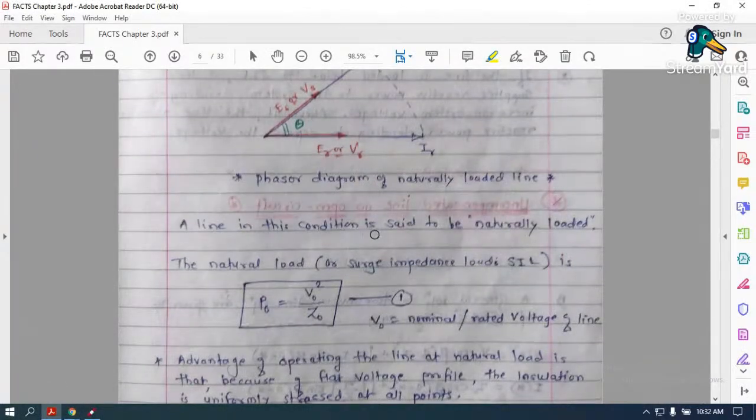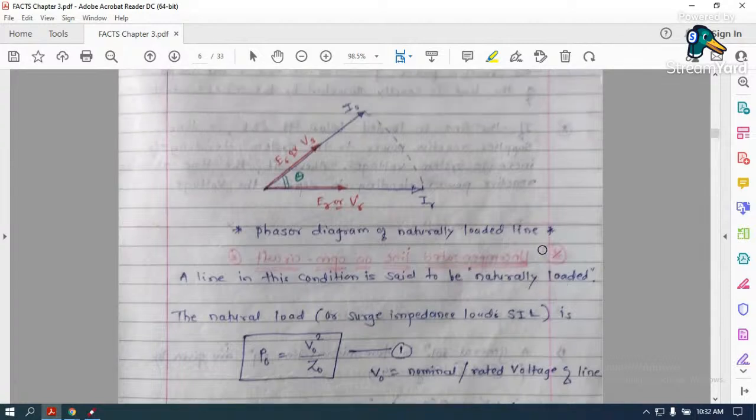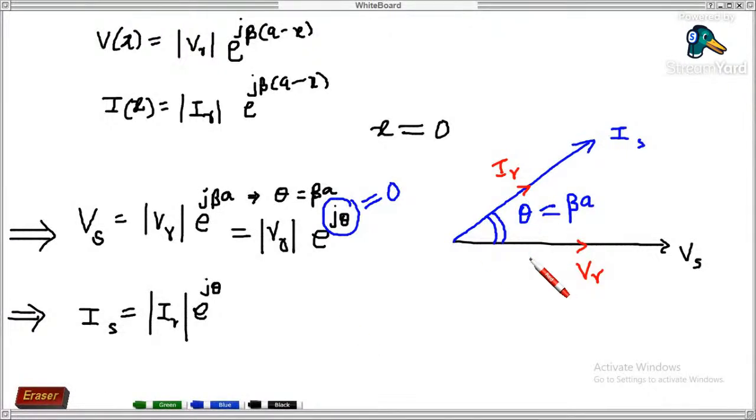Now, a line in this condition is said to be naturally loaded. Okay? Naturally loaded का म्हणतो माहिती आहे का?